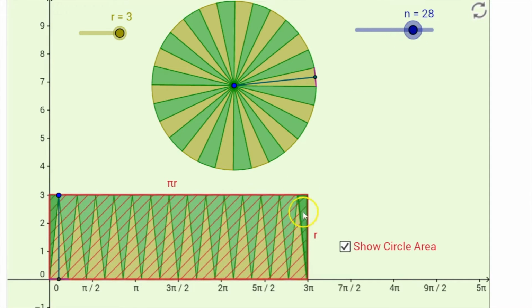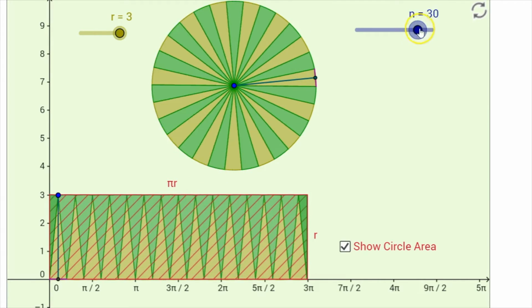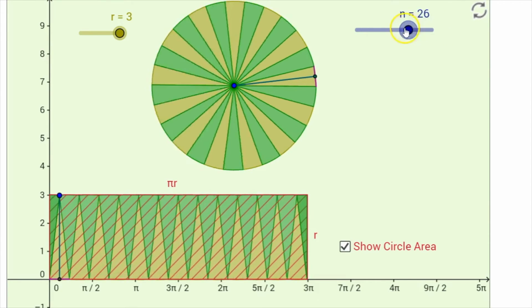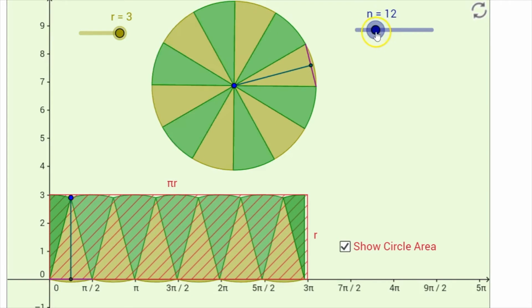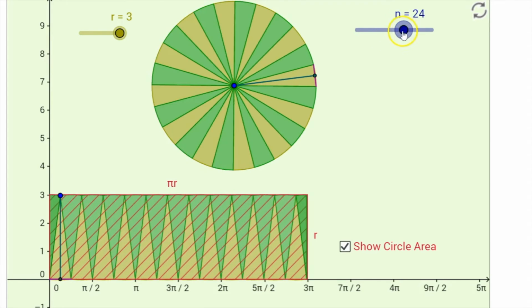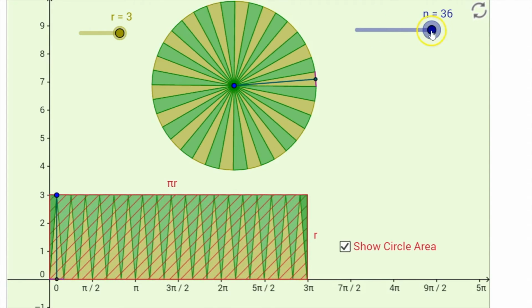Notice how that radius length, from here to here, there it is, is basically your height. And then this is pi r, or half of the circumference of this circle. And so pi r times r is pi r squared. And if we went all the way out to 36 or whatever, we see we have air here, but as we take our limit toward positive infinity for n, the number of cuts, man, we sure get that.